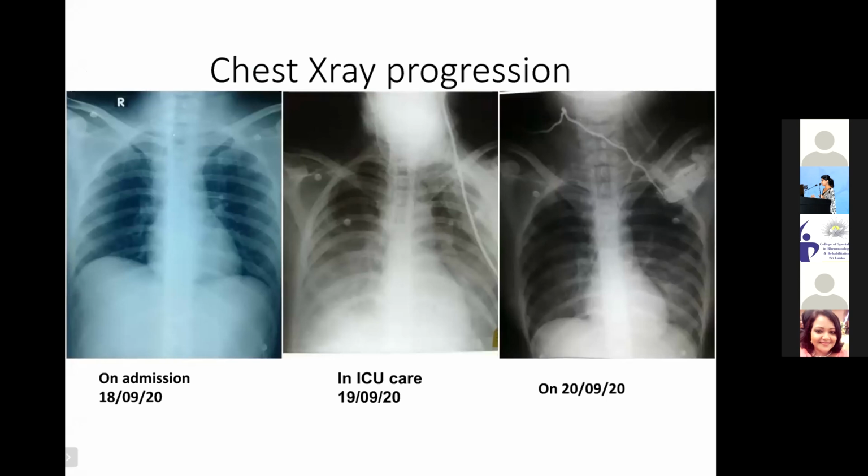On admission, her lung fields were clear, and the day when she became acutely breathless, there was bilateral opacification on the chest X-ray, and 24 hours later, while in the ICU, her chest X-ray became apparently clear. That surprised all the medical team.